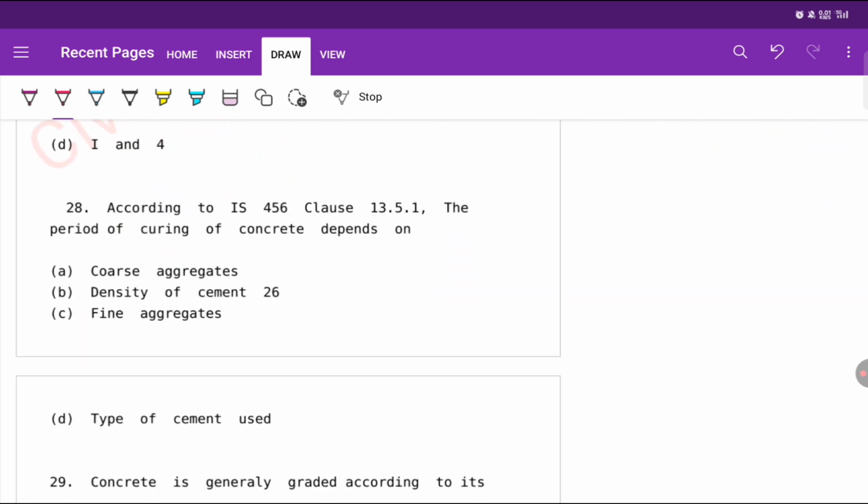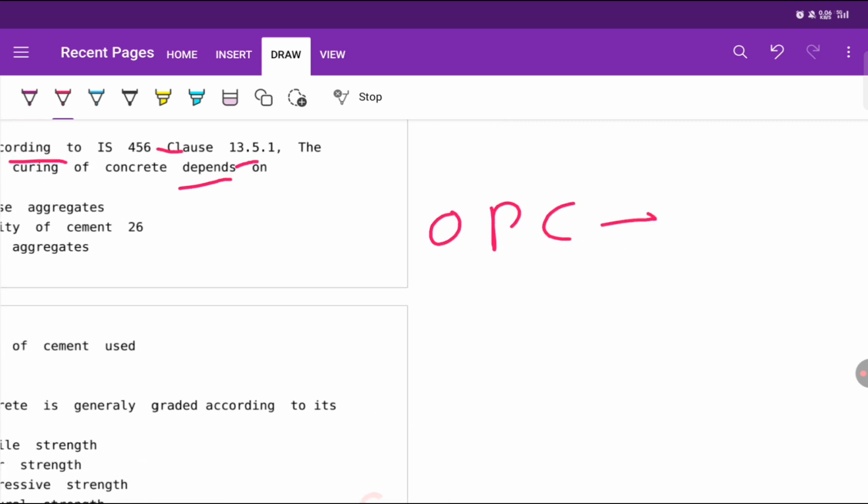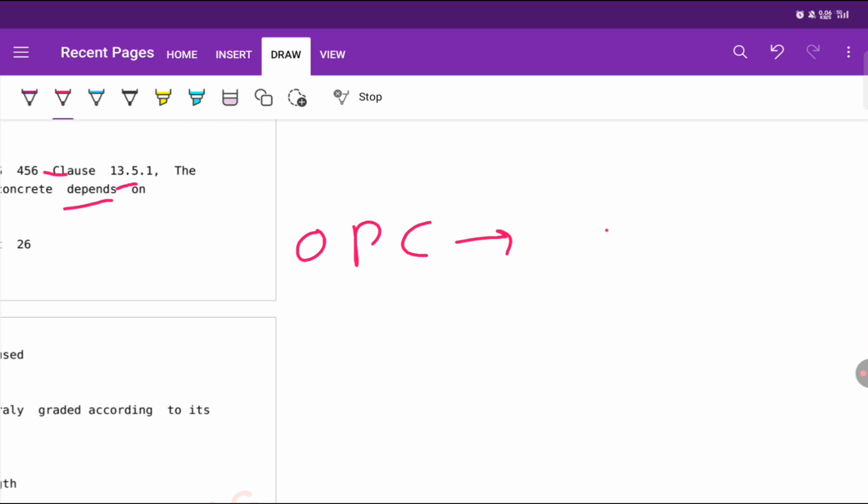According to IS 456 clause 13.5.1, the period of curing of concrete depends on what? If OPC is used, we have to cure for at least 7 days; it should not be less than 7 days.